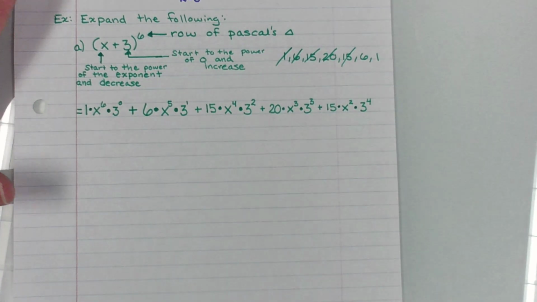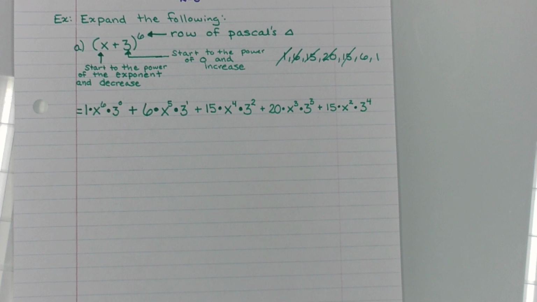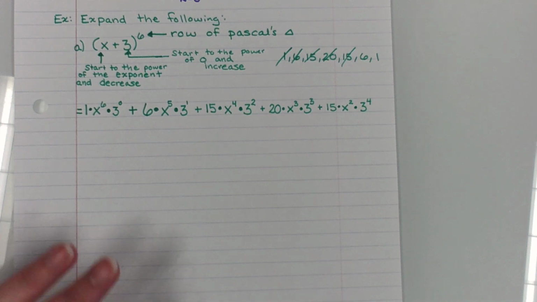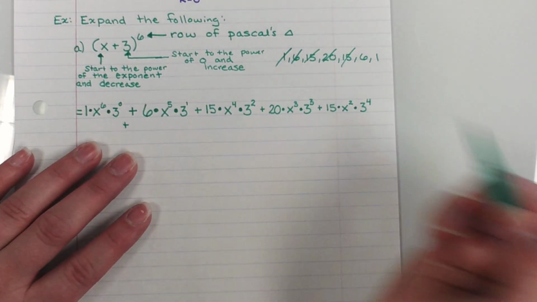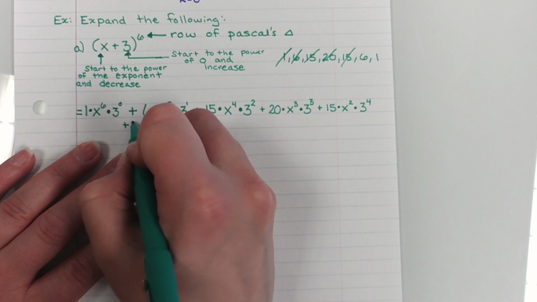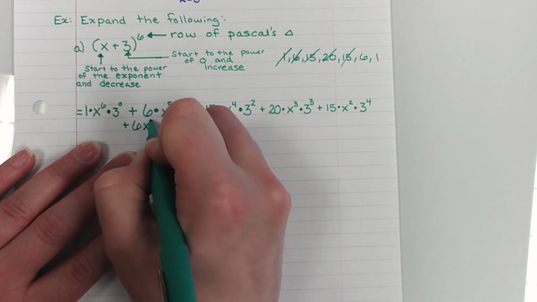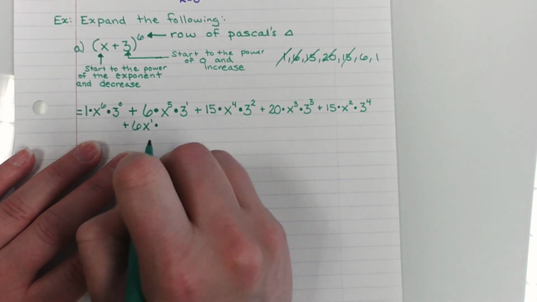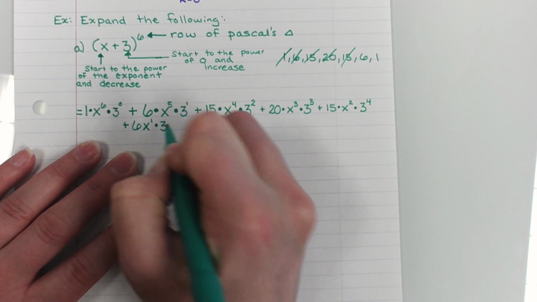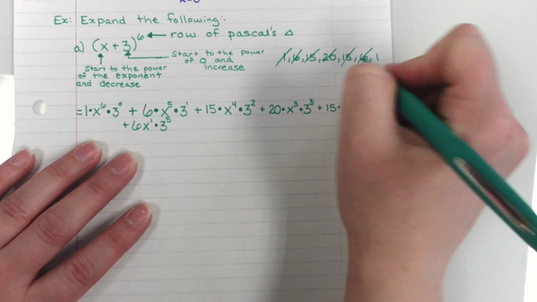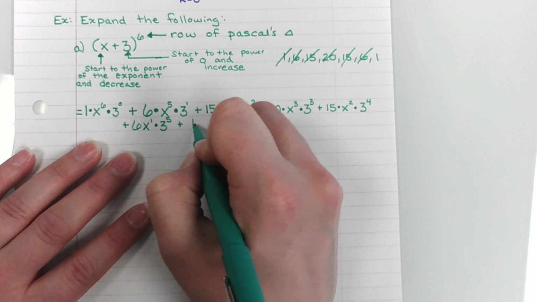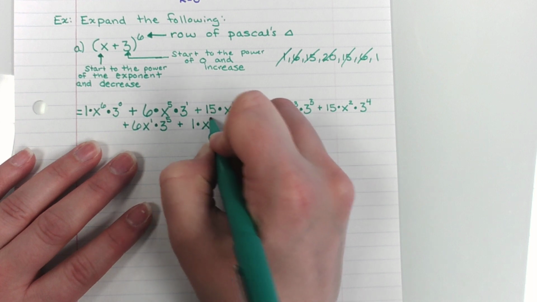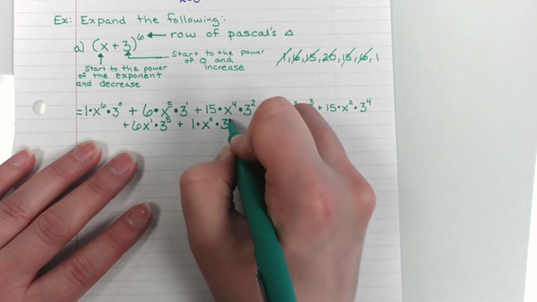Now be careful. I often see people accidentally flip back and forth between which one increases and which one decreases. So be careful on which one you're looking at. Plus 6 x to the 1st power times 3 to the 5th power, plus 1 times x to the 0th power times 3 to the 6th power.